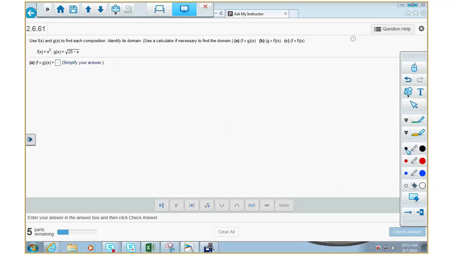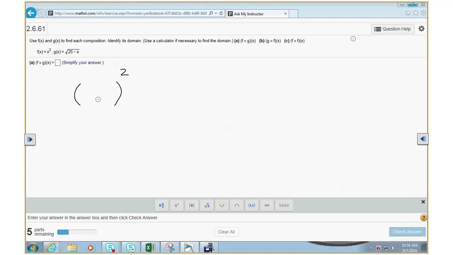All right. So if you wanted to do this one, it says f of g of f, g of f, and f of g. Usually that's going to be, I don't like to say that last one, f of g. So the first one, I'm going to take f and write it in. The second one, I'm going to take g and write it. And then the last one, I'm going to take f and rewrite it from the parentheses.